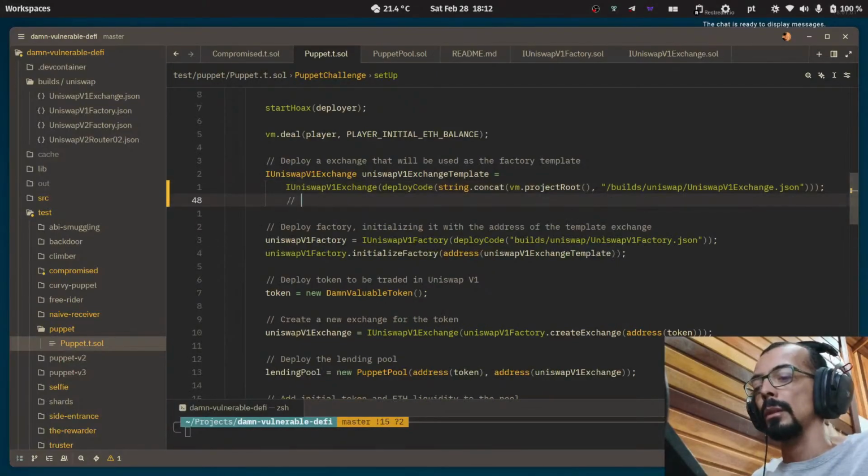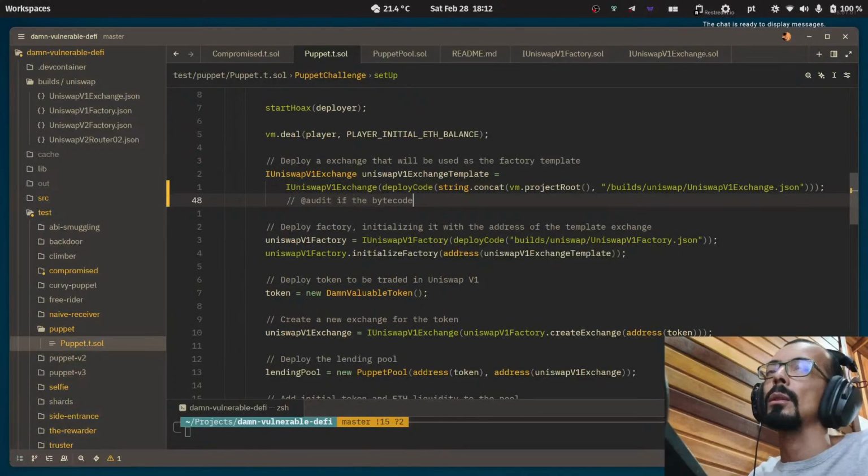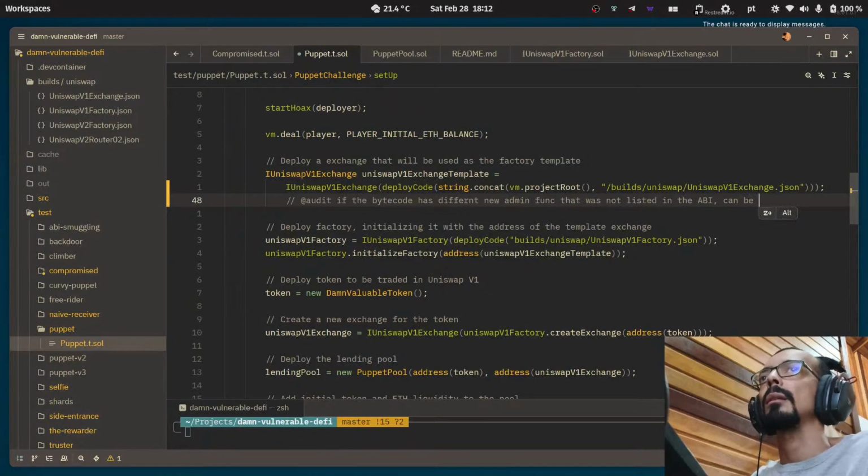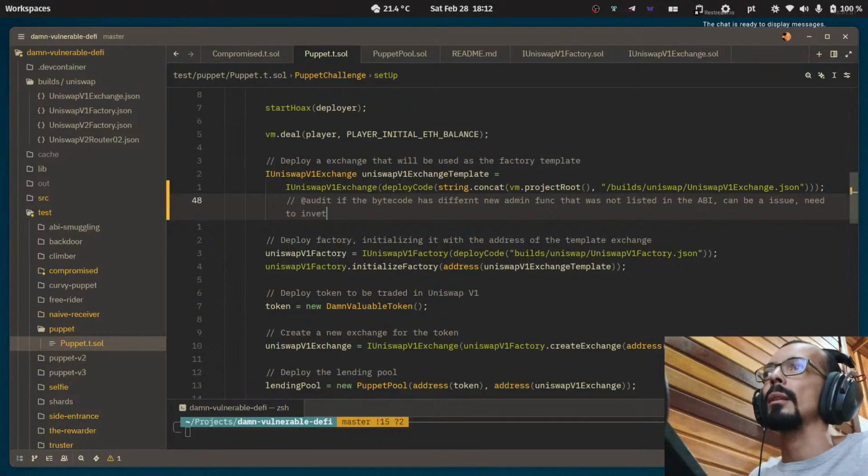So if the bytecode has a different new admin function that was not listed in the ABI, can be an issue. Need to investigate and compare if the bytecode has something.